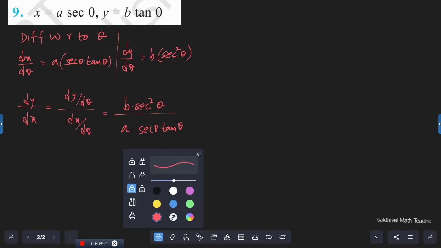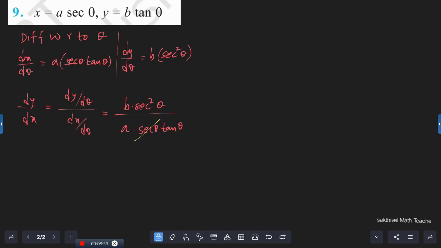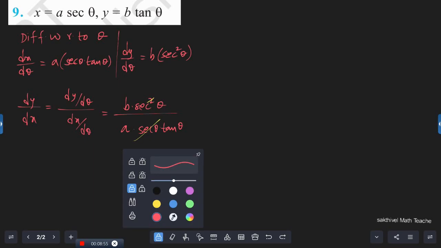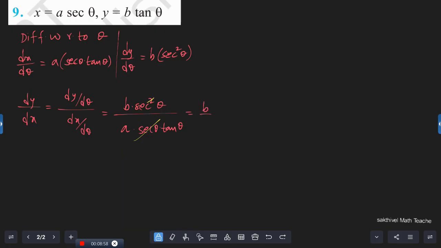Now when you divide both, one secant will be cancelled. Now what I have is b divided by a into secant. Secant means 1 by cos divided by tan means sin by cos.